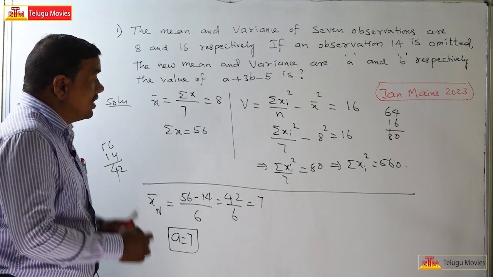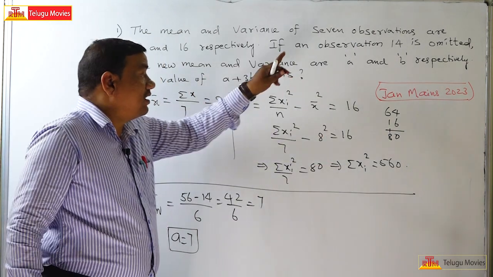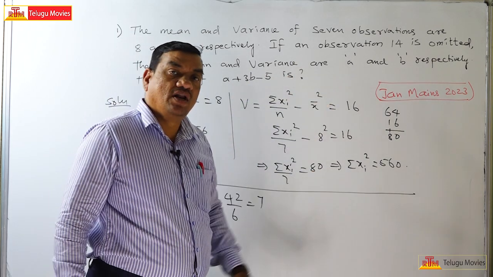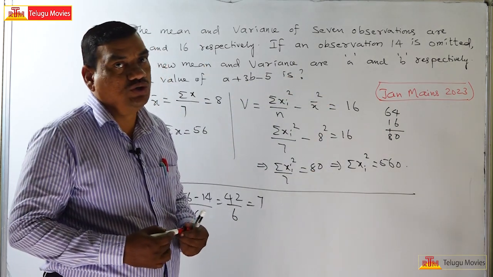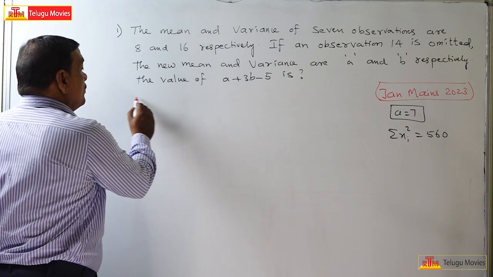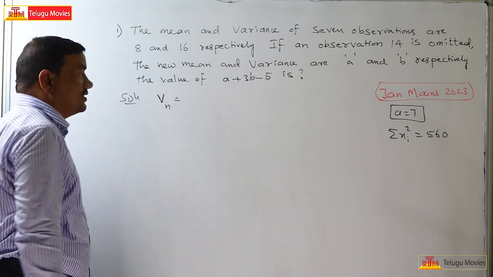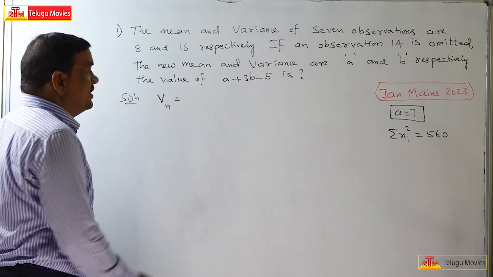Okay, now likewise, let us find out the B value by applying the same approach. Let us continue the solution. Welcome back. Here we are going to find out the new variance. New variance is equal to how much?